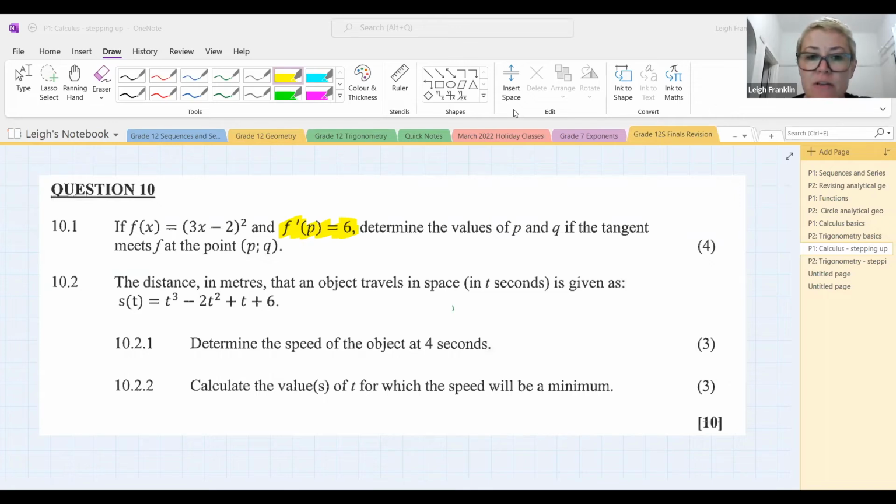So you can see that this problem is out of 4 marks, all right? So you should not be spending more than about 6 minutes on it.